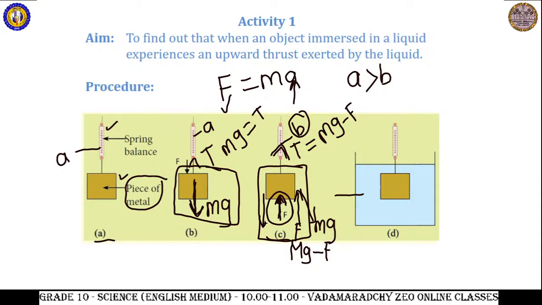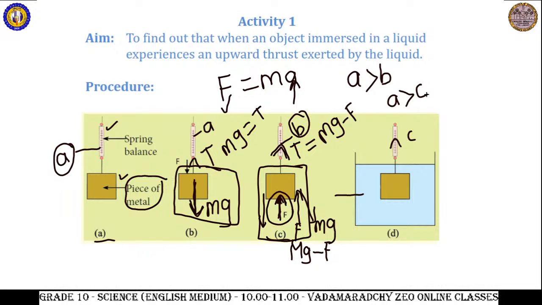We are going to immerse this piece of metal into the water. Now, we can observe that the Newton balance reading, we assume it as C, is less than A.